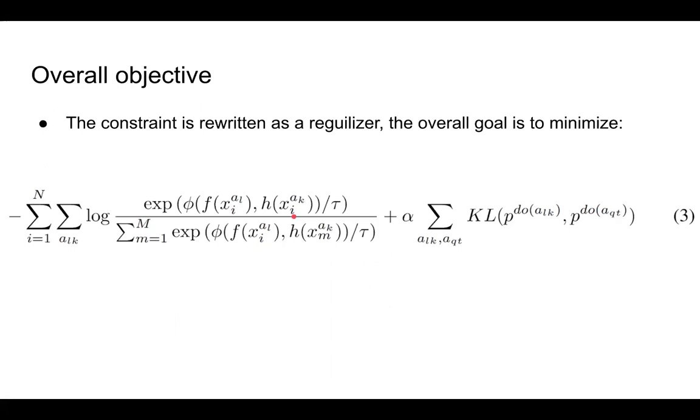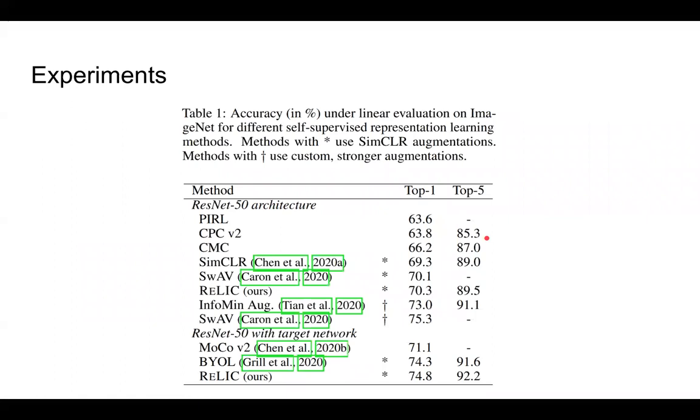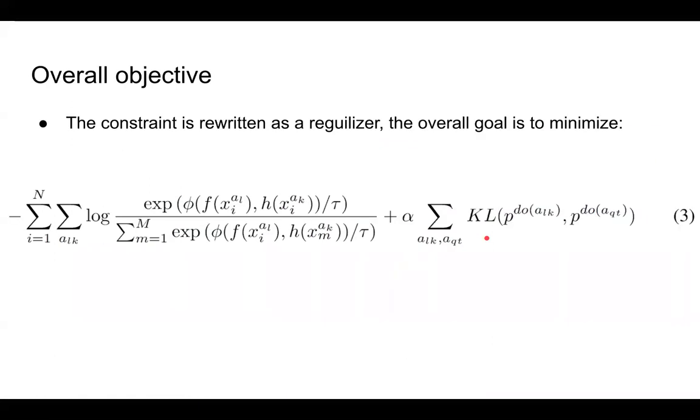So if we just say this final objective, although the formalization of this problem uses causal ideas, basically if we just look at the implementation, we just add one regularizer to the original self-supervised learning loss function.